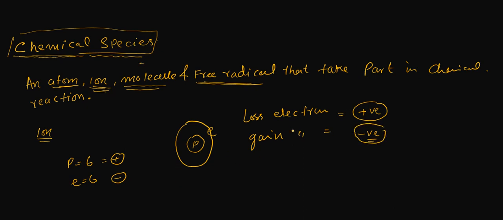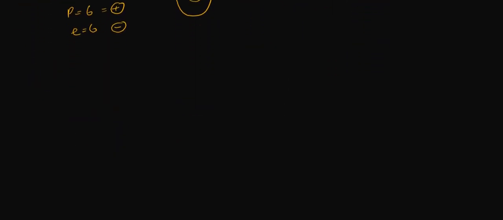Let us look at the two possibilities, when an atom loses an electron or gains an electron. As the first example, take a neutral atom.